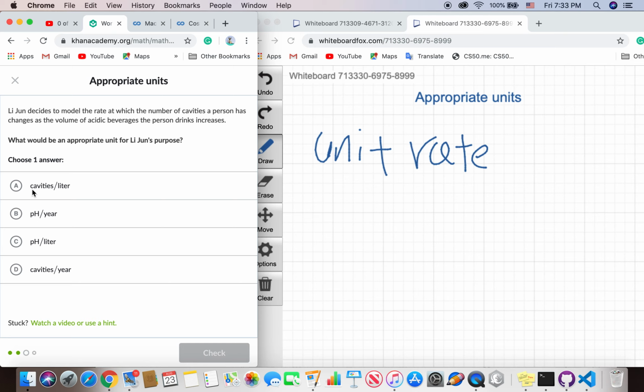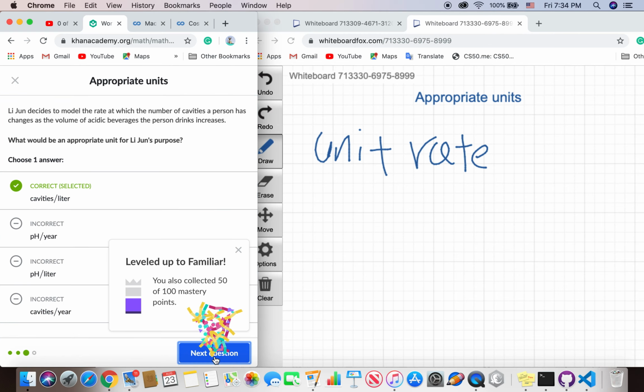It does not necessarily have to do with time, since as you can see, it doesn't really say time. It's just the number of cavities a person has change as a volume of acidic beverage. So I don't think it has to do with pH value. So I would go ahead and say cavity per liter. That's what I think.